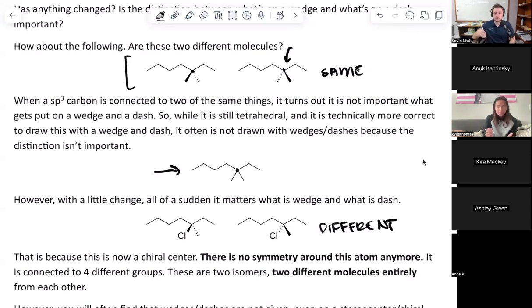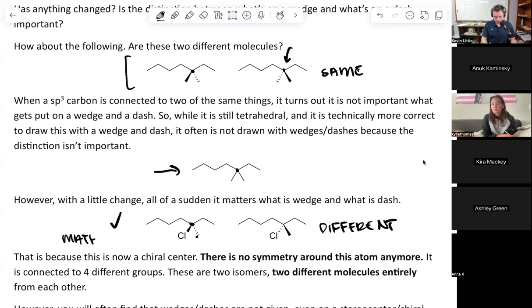Now it fundamentally matters which one is on the wedge and which one is on the dash. Because now this chlorine is bound to a methyl, an ethyl, and a propyl, or a butyl, sorry. So this matters.